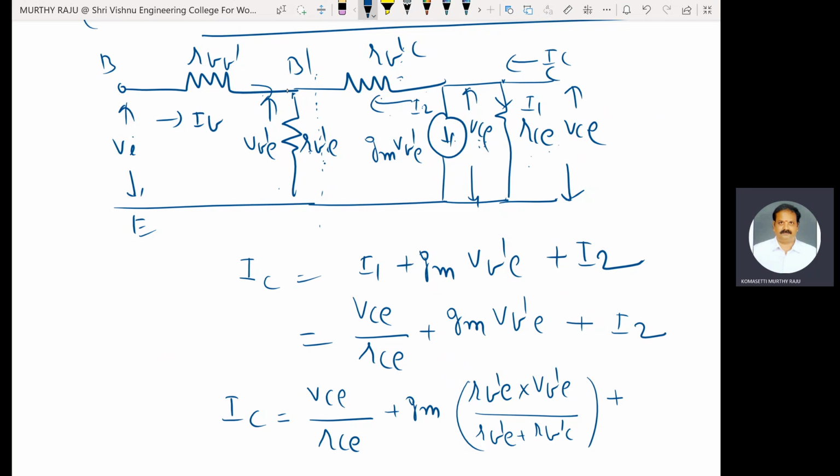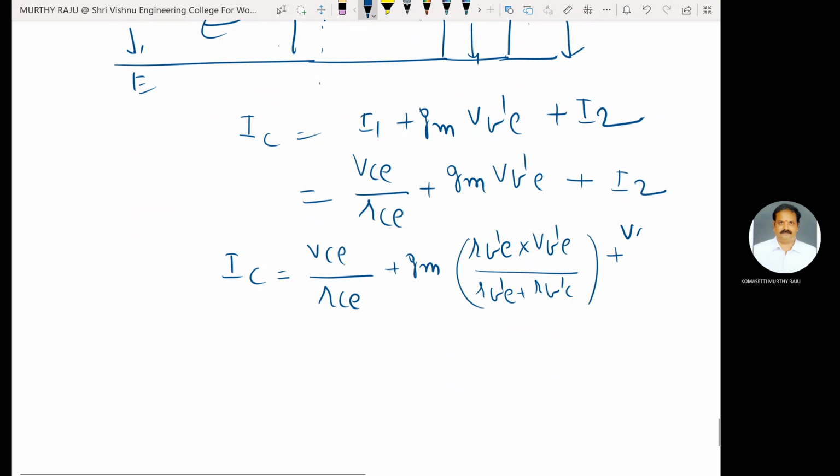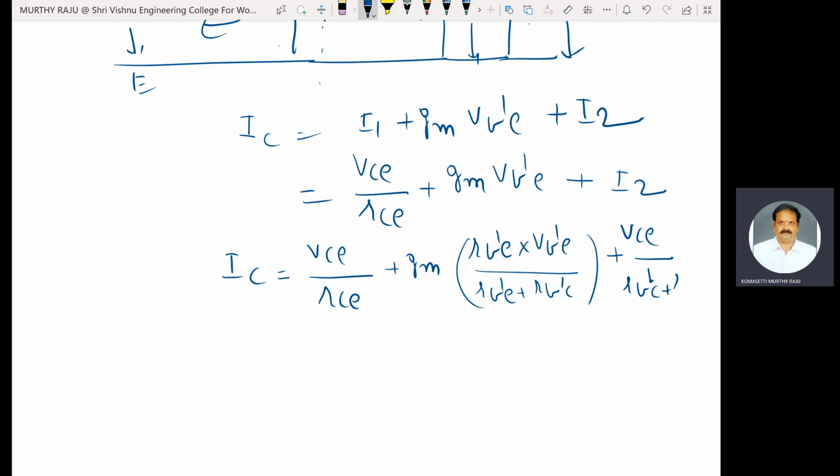IB does not flow towards RB'C because RB'C is a high value. IB is the loop current only, not divided at this point. Therefore, I2 is equal to VCE by (RB'C plus RB'E).